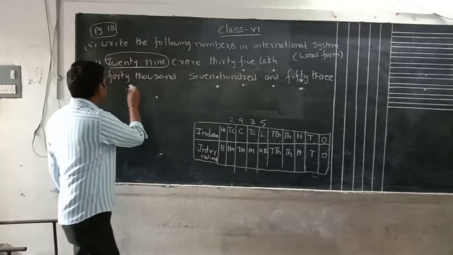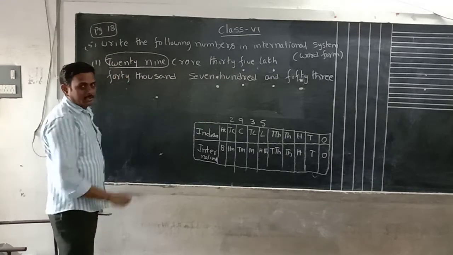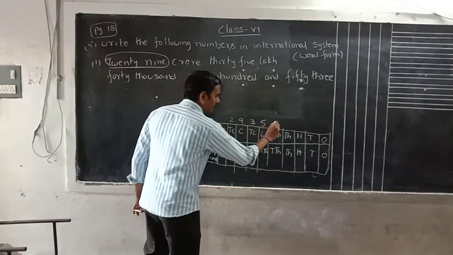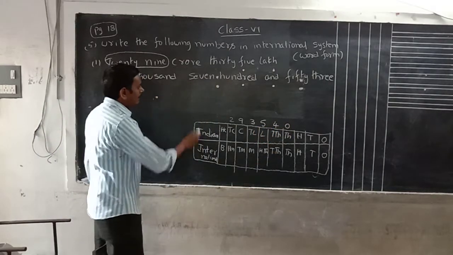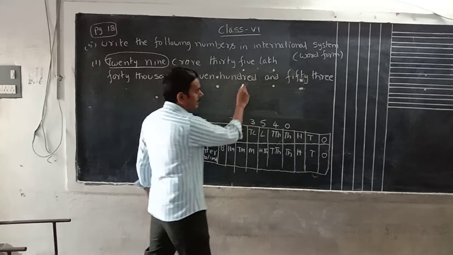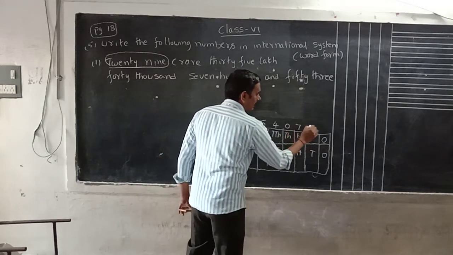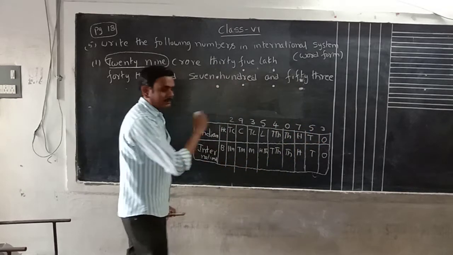Next 40,000, and 40 is also a 2-digit number. And 753. This is the number given in the Indian system.